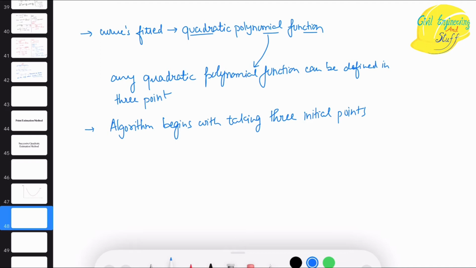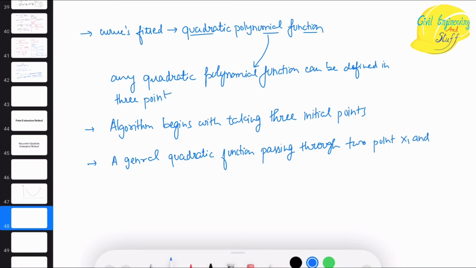the equation for a general quadratic function passing through 2 points, x1 and x2, can be written as, so this is a general equation for a quadratic function passing through 2 points, right?